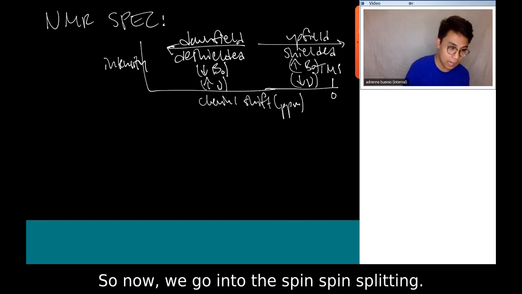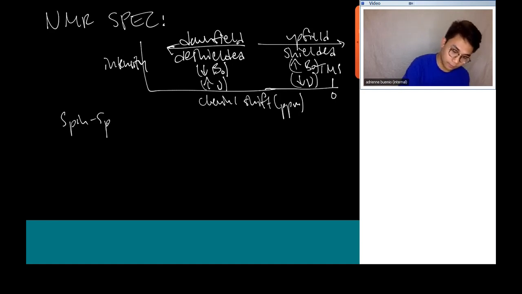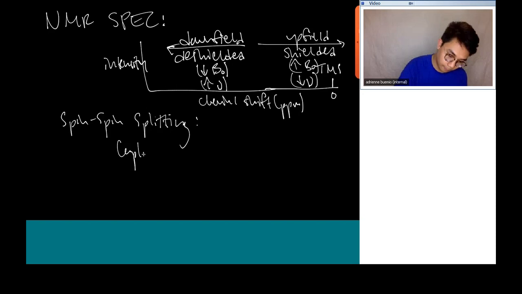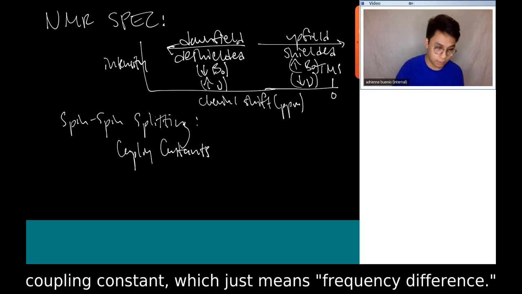So now we go into the spin splitting. This is where we talk about coupling constants, which just means frequency difference.